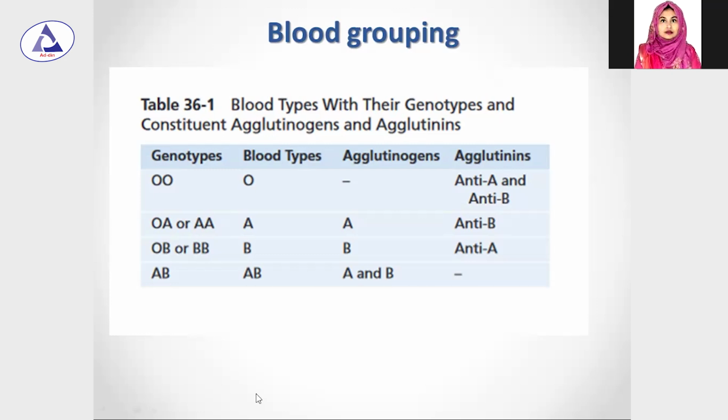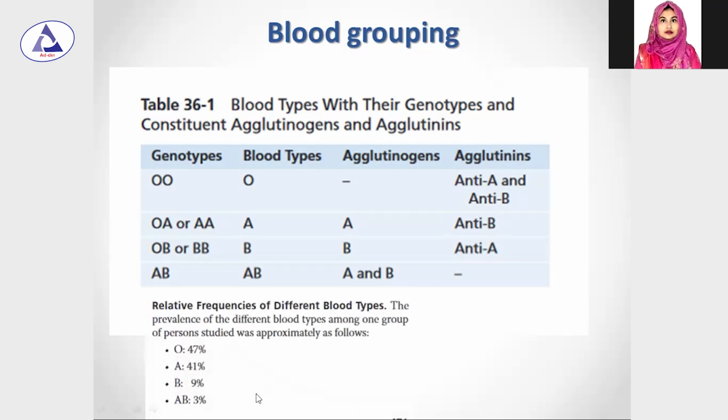Then what about the percentage, the relative frequencies of these four types of blood group? Here we see the larger group is O blood, that is 47%. Then A is 41%, B 9%, and AB about 3%.